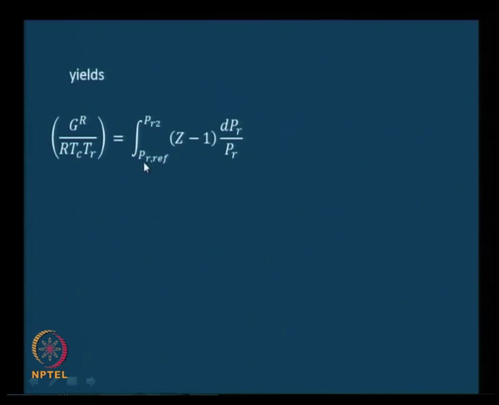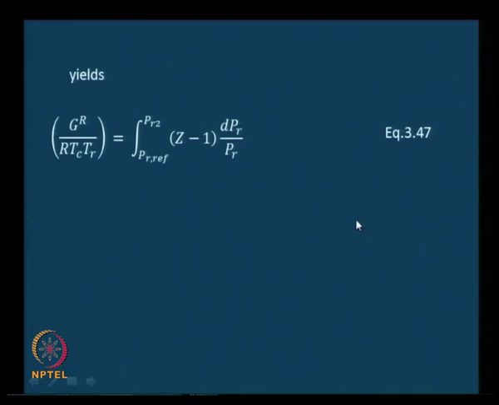Hopefully you would have gotten expressions such as this: Gr by R Tc Tr, when we substituted T in terms of Tc and Tr, equals integral from Pr reference to Pr2 of Z minus 1 dPr by Pr. Pc will cancel out here, and so we would get this.